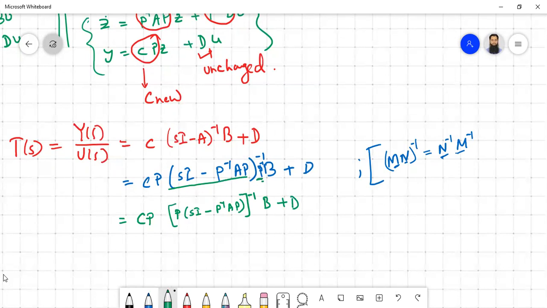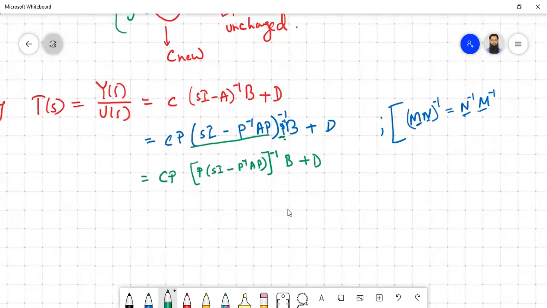Now, can we simplify the thing a bit? Not yet. So what we can do is use a bit of a trick. The P can be written as P inverse to the inverse, because we want to insert this P into this big one.